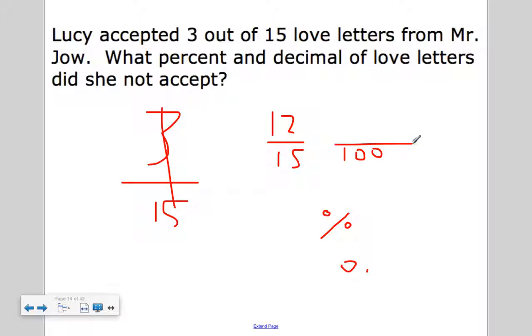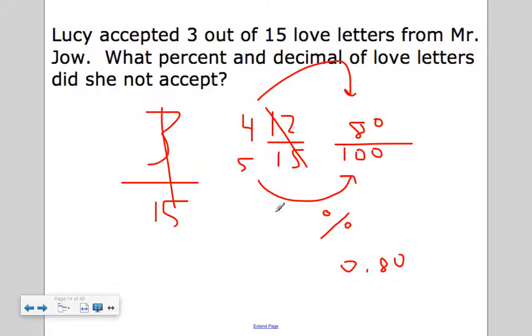Can 15 be built to 100? No. Why don't I simplify this? If I divide both numbers by 3, I get 4/5. Now can 5 be built to 100? Times 20, that'd be 80 hundredths, or 80%. So she took 20%, but she rejected 80%.